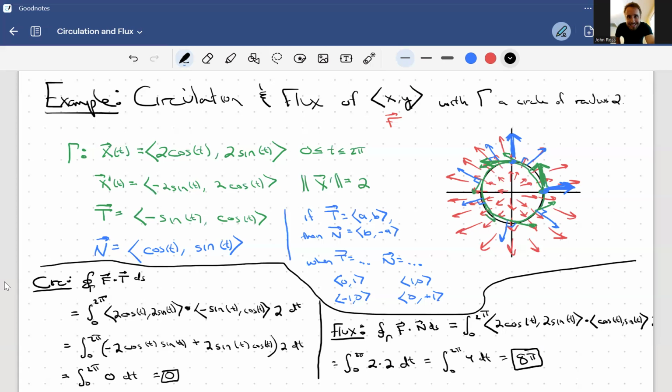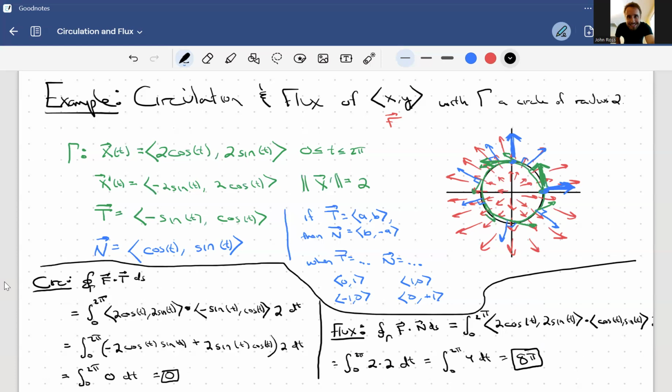So the fact that our answer was 0 here indicates that the circulation around the curve is not actually guided by the vector field in question. And as we look at this vector field, we see that all of the arrows are perpendicular to the curve itself. And so as our little particle travels around the curve, it really doesn't ever move in the direction of those red arrows. It's always moving in a perpendicular direction to those arrows.